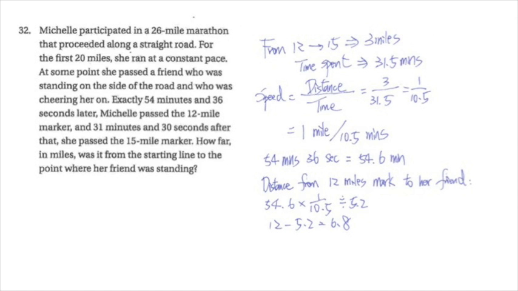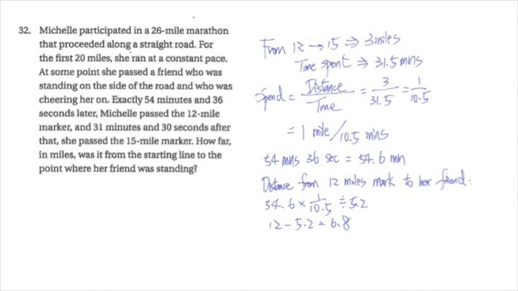So from the information, we can first find out her speed. From 12 to 15 miles, there are 3 miles, and the time spent was 31 minutes and 30 seconds, which is 31.5 minutes. So speed, which equals distance over time, equals 3 over 31.5, which is 1 over 10.5, which means that for every 1 mile she needs 10.5 minutes.